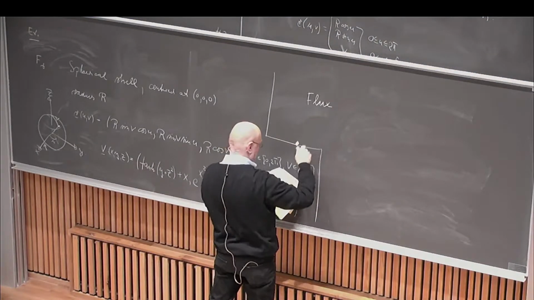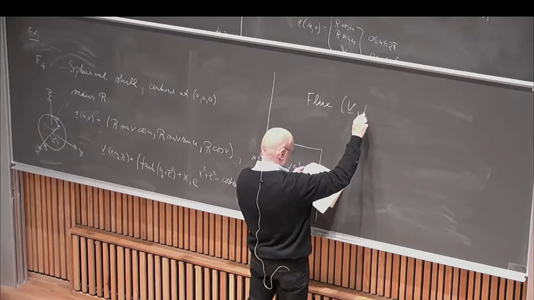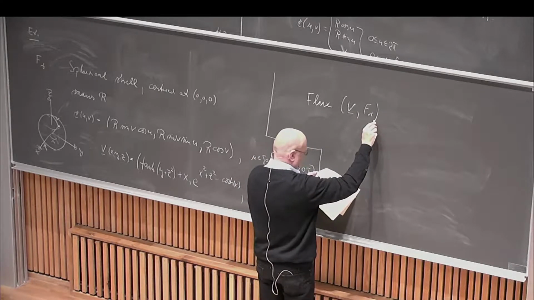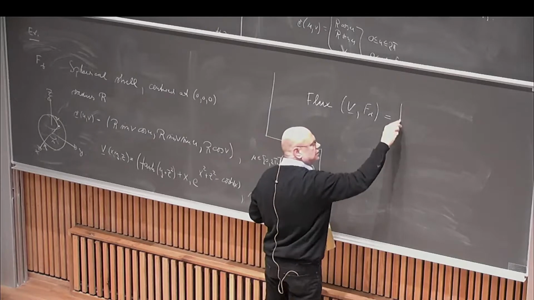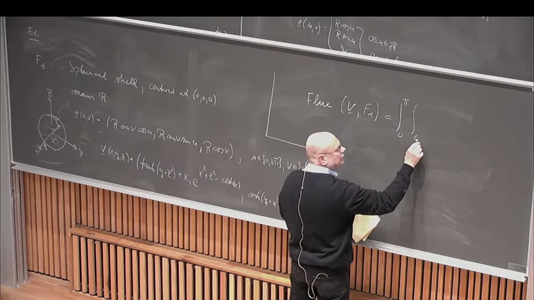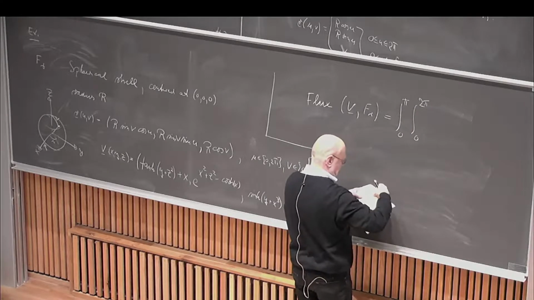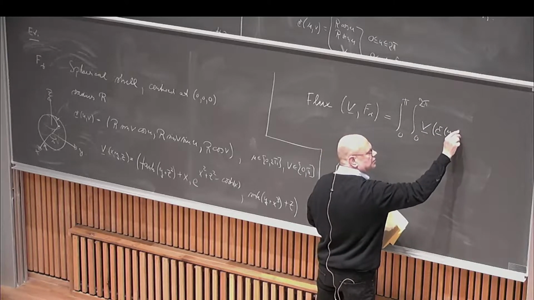The flux of V, comma F_R. We have our parameters, so you should integrate from 0 to pi and from 0 to 2 pi. And then you should take your vector field and put in your parametric representation.